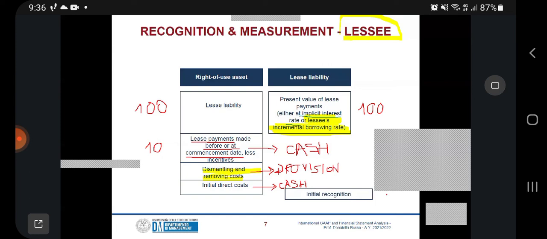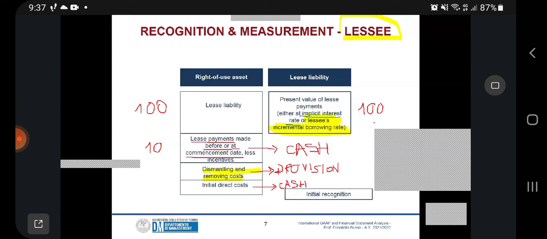So, if today the company A signs a contract in order to rent a building, the company has, first of all, to determine the amount of the lease liability. The amount of the lease liability is equal to the present value of the future payments.